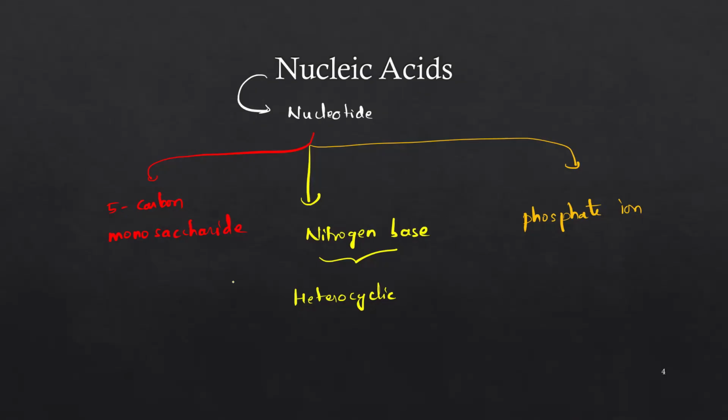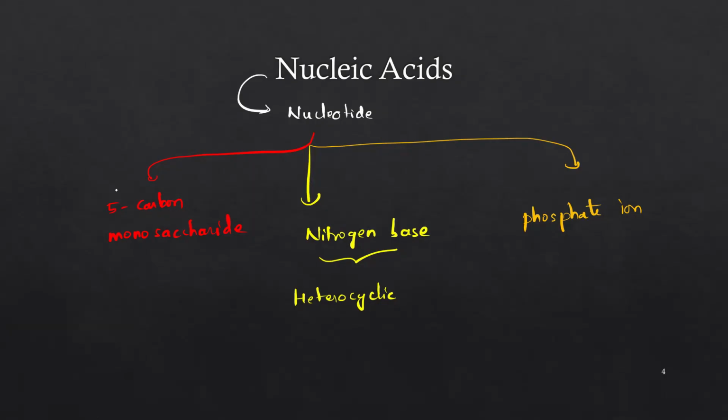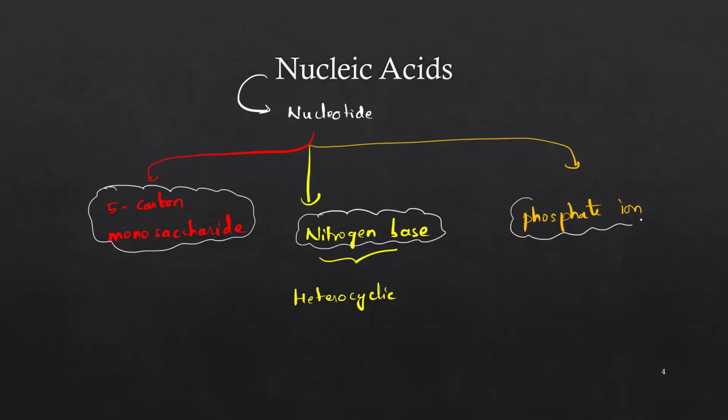If it's RNA, we call it ribose sugar. And the nitrogen base, which is heterocyclic in nature. And it contains the phosphate ion. So these are the three things it is made up of. Remember this: 5 carbon sugar, nitrogen base, and phosphate group.